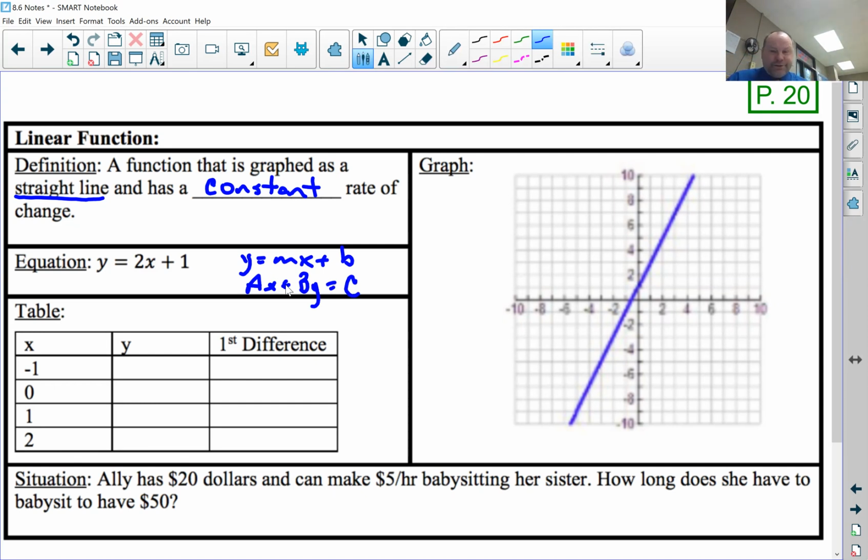But a couple of things to notice: we have both an x and a y. It could be f of x equals mx plus b as well, but they're both to the first power. That's going to be a big difference as we look at the other two models.